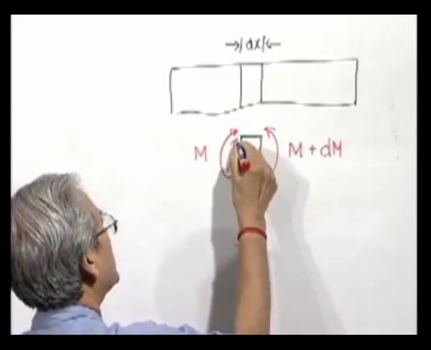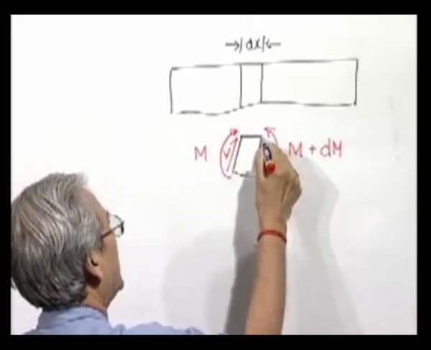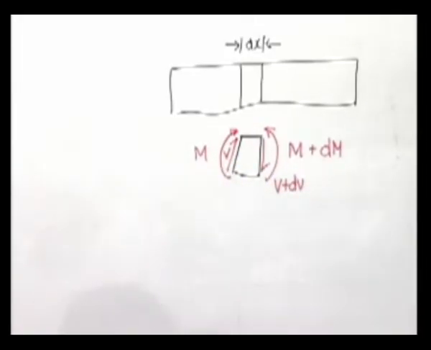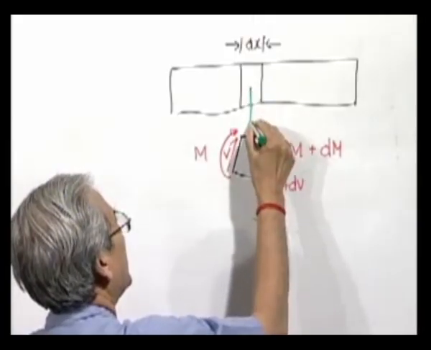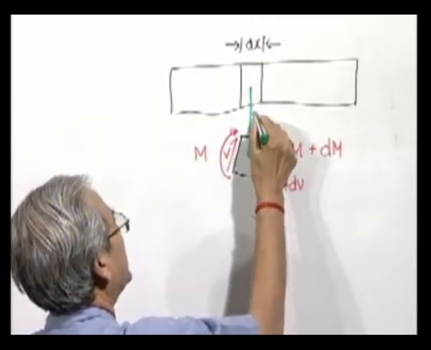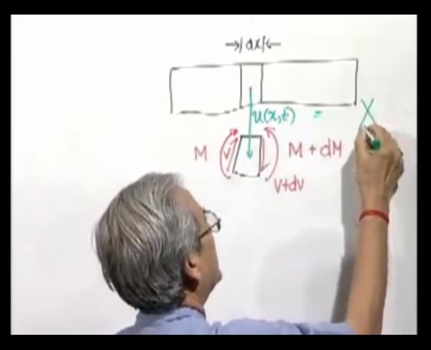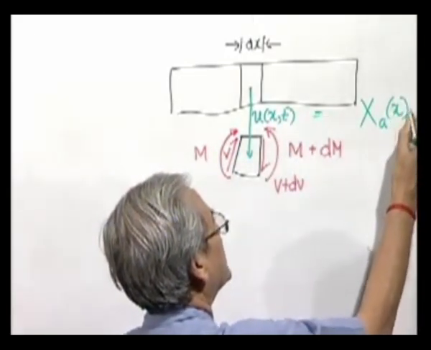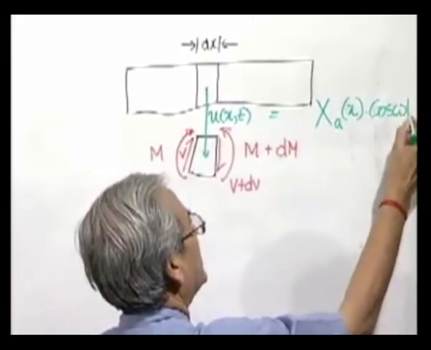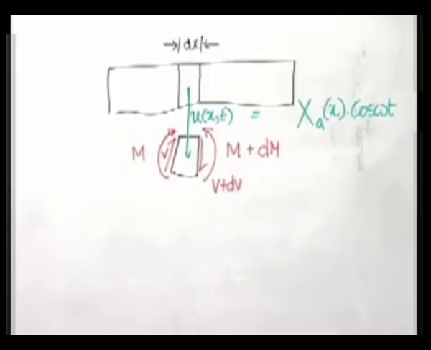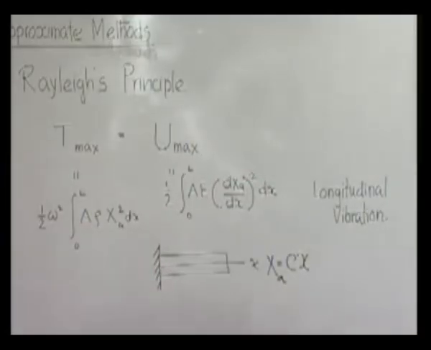The force is here, say for example V, and here again it is V plus dV, the resultant force is also very small, and the displacement from here to here is given by u, which is a function of x and t, but which we write as a function of x and cosine omega t. We assume this normal mode oscillation to derive the Rayleigh's quotient.